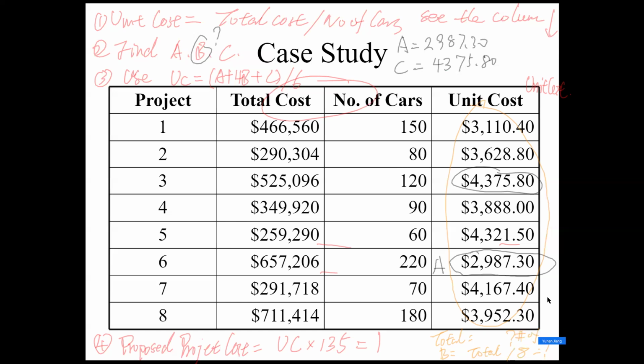Number of projects you have, right? So it's 8 in this case. So what number you have for B? B is equal to... A is the minimum one, the lowest one, and C is the maximum one.